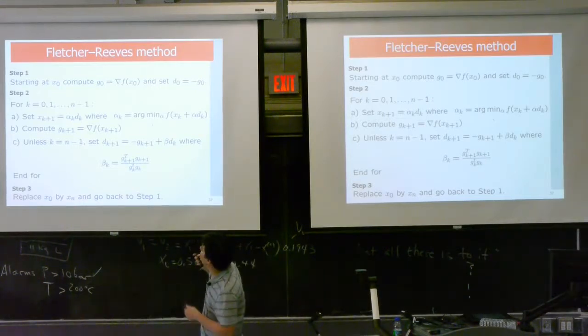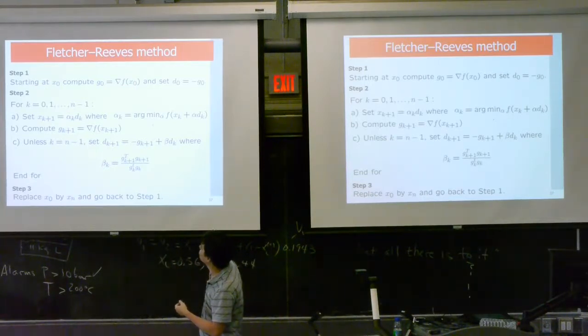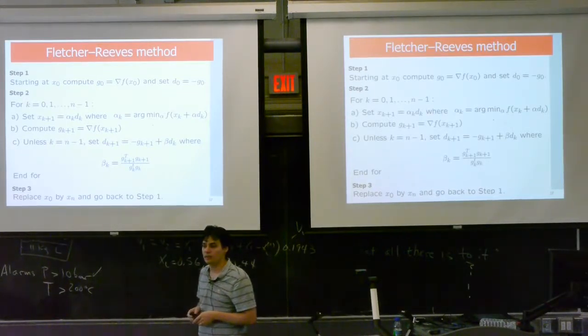The first direction is the negative gradient. Then you repeat this process for n steps. One difference is that xk plus 1 is xk plus alpha k dk, where alpha k is not a fixed number that you calculate with the Hessian, but you do a line search. And for bk, we use this form that doesn't contain the Hessian.